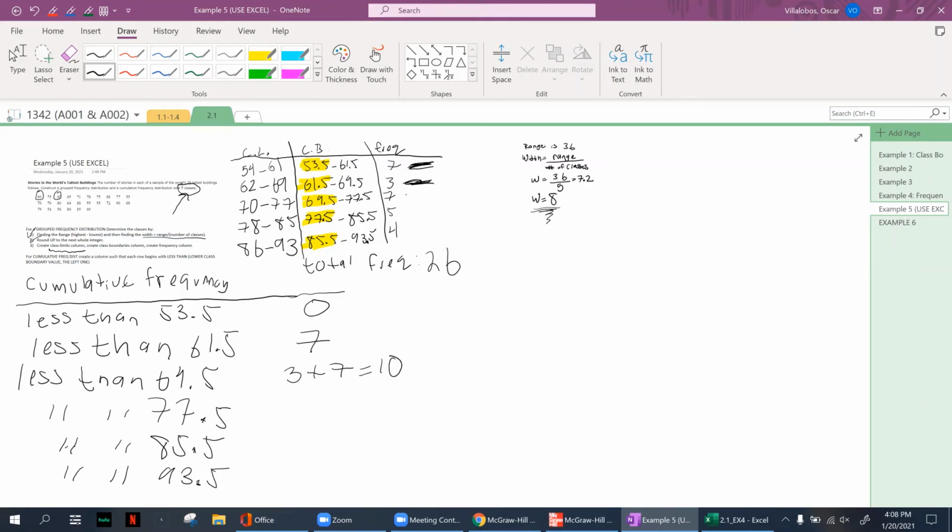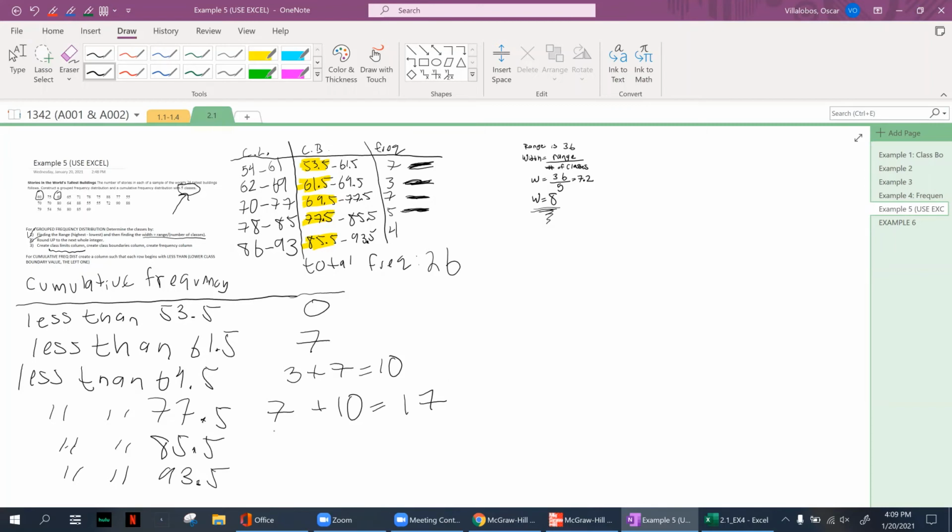And I'm going to do the same thing now. You include the frequency that's there, which is 7, plus everything before it. You can do 7 plus 3 plus 7, or 7 plus 10. This is going to be 17. So now I'm at 5.